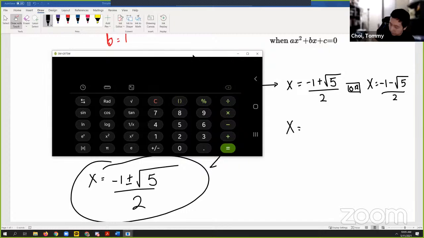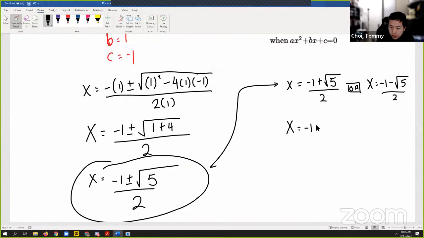Just solve the square root first. So I'm just going to first find the root of 5, which gives me 2.236. So for us, we're going to write that down. So that's going to give me 2.236. And then the second one, we have x is equal to -1 minus 2.236 divided by 2. Now we can solve that out.